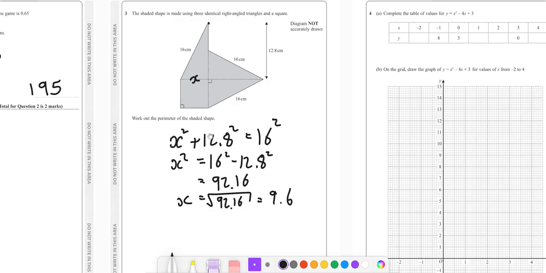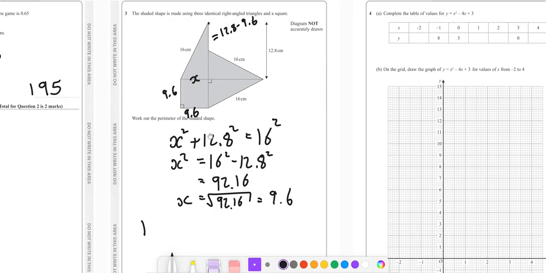So we now want the perimeter of the shape, so that's going to be 9.6. That's going to be 9.6. We've got that 16, we've got that 16. So it's then just this one here, and this is going to be 12.8 minus 9.6.